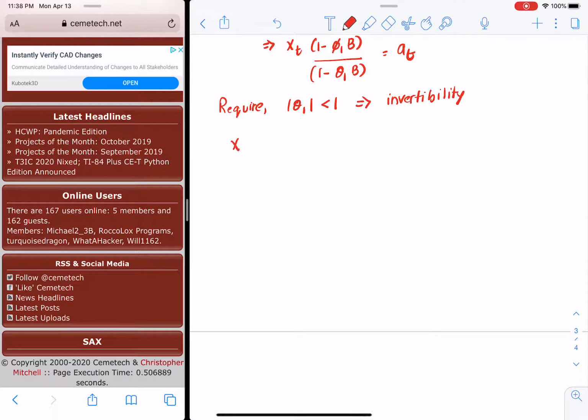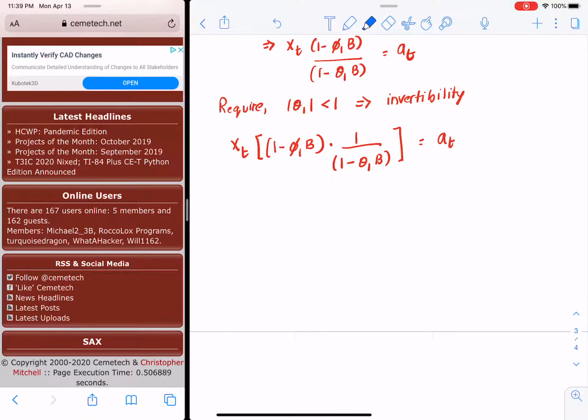So we do the same trick that we did previously. We can write this as (1 minus phi1 B) multiplied by 1 over (1 minus theta1 B).